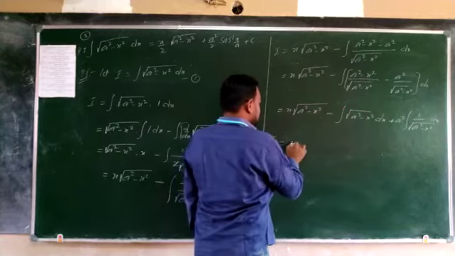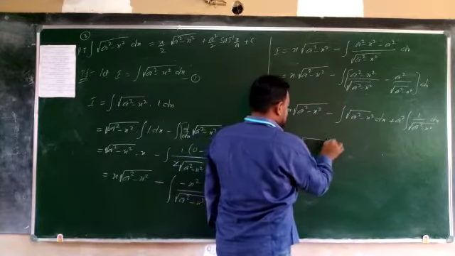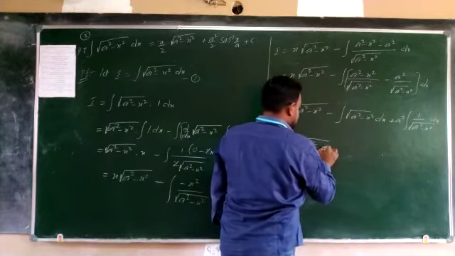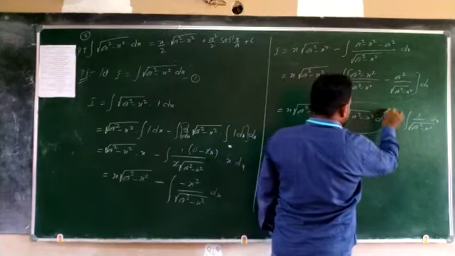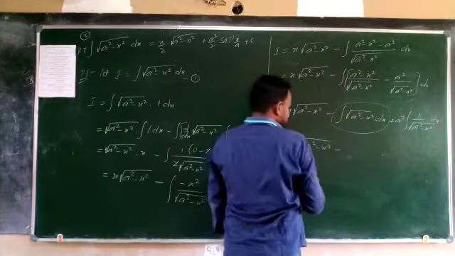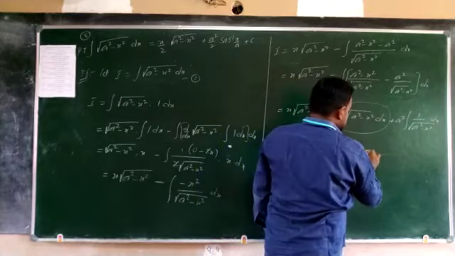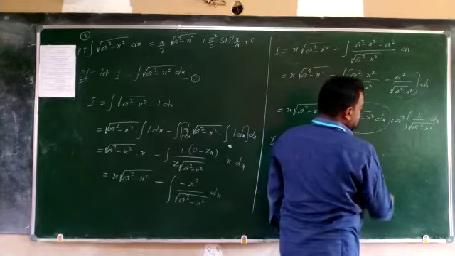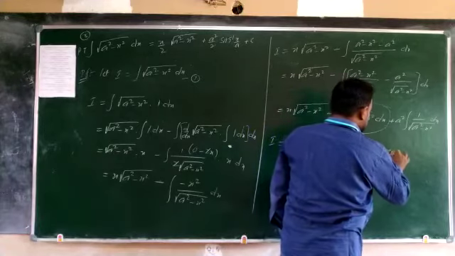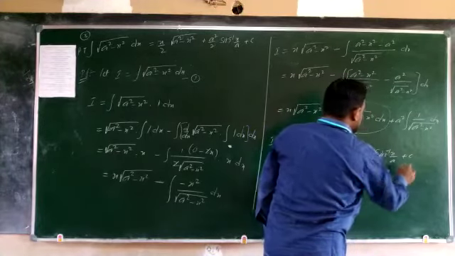This is I is equal to x into square root of a square minus x square minus, this term is equals to what? This is equals to, from equation number 1, that is I, plus a square into integration of 1 by under root of a square minus x square, what formula? Sine inverse of x by a plus c.